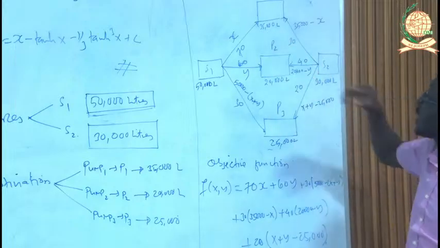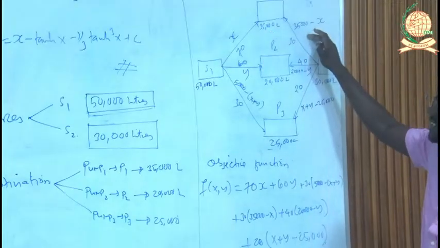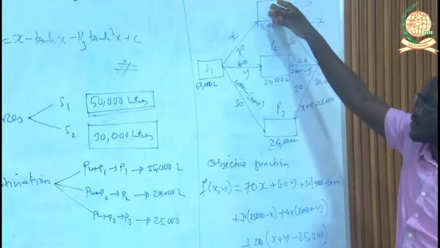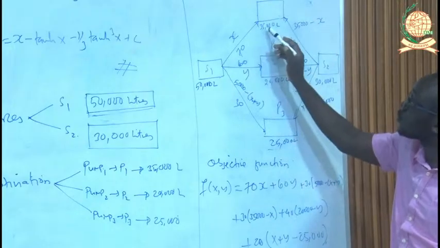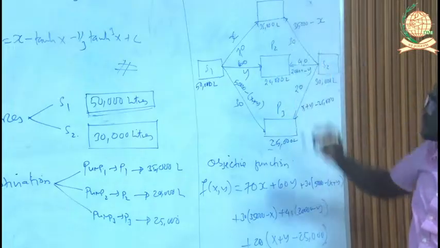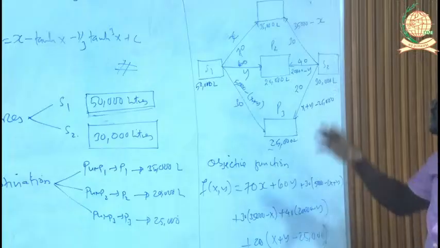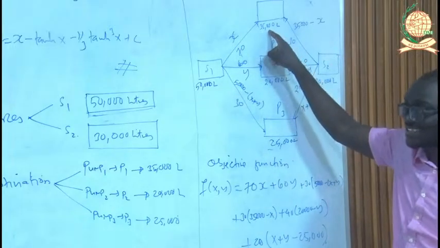And if it is exactly 35,000, it means you're not going to take anything from S2, because P1 could be satisfied in that case. So this value of x should not exceed 35,000.